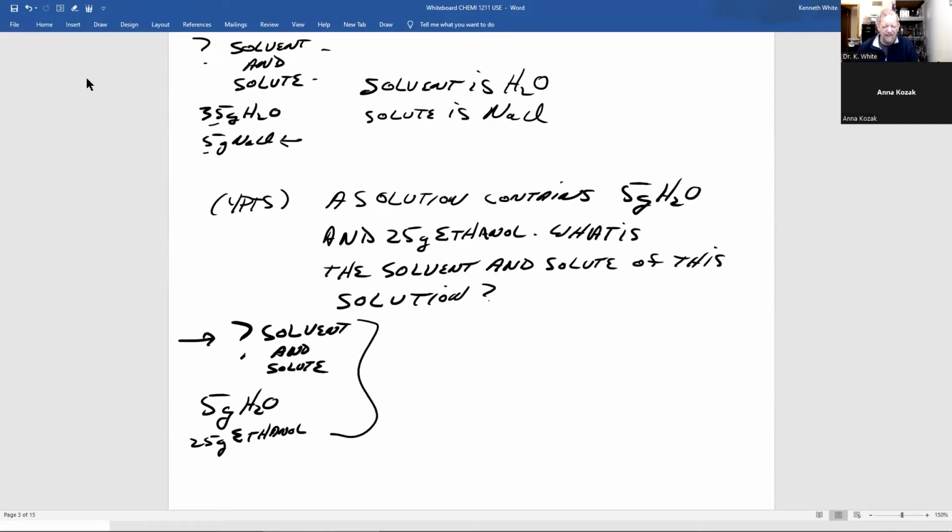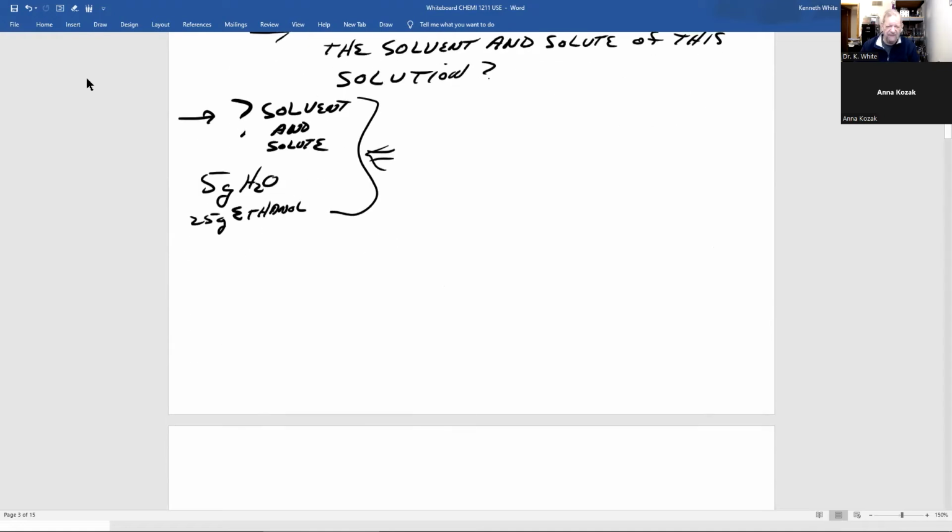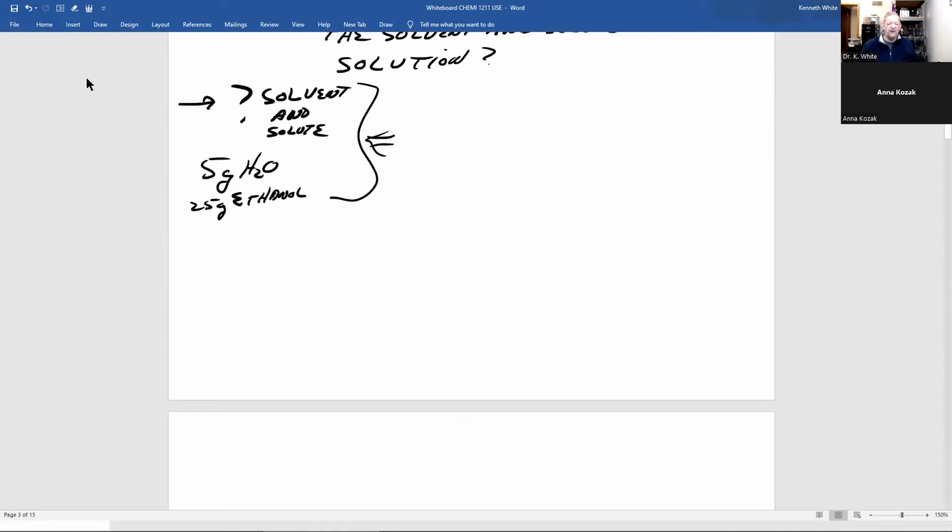So once we have this, we never have to look back up there again. Now, I'm going to let you figure out which is the solvent and which is the solute. Your turn, and then I'll do it.